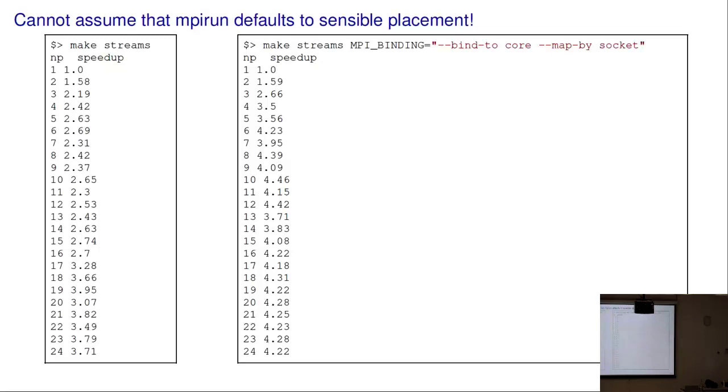So you get a plateau of your available memory bandwidth, and then it bumps up a little bit. You actually need to specify this binding option here to get good memory bandwidth.